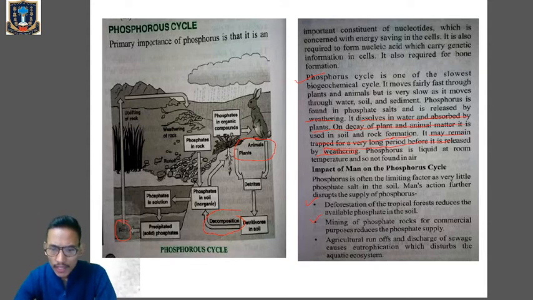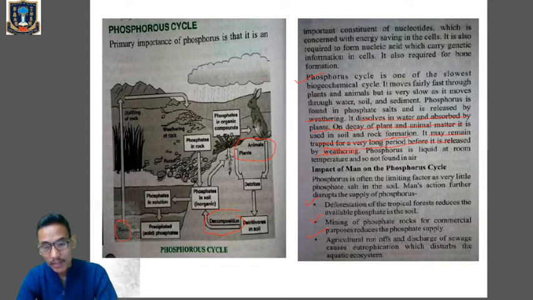Number three, agricultural runoffs and the discharge of sewage cause eutrophication. Eutrophication means the growth of unwanted plants or weeds like algae in the water body. If you have visited any plain areas, then you have seen water bodies containing lots of algal growth. You have seen the water body being completely covered by the algae. That is called eutrophication.